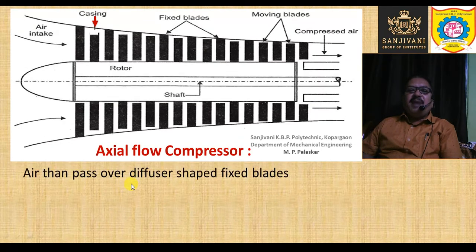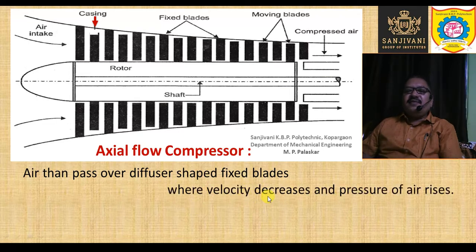Air then passes over diffuser shaped fixed blades. So now already the kinetic energy of the air has been increased. The air is having a lot of energy, mostly in the form of kinetic energy. Now at this point the air will pass over diffuser shaped fixed blades, where velocity decreases and pressure of the air rises.